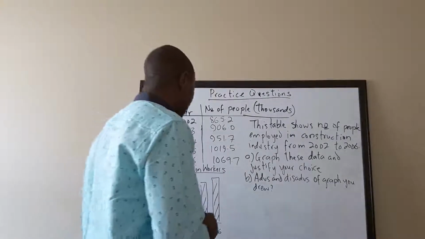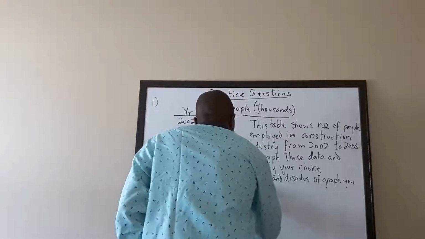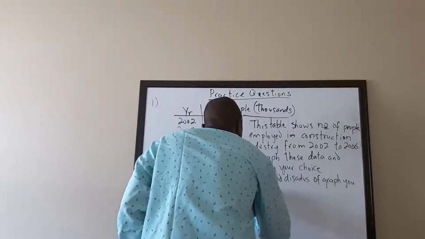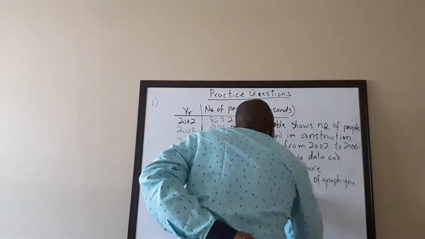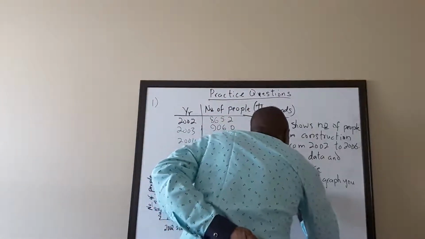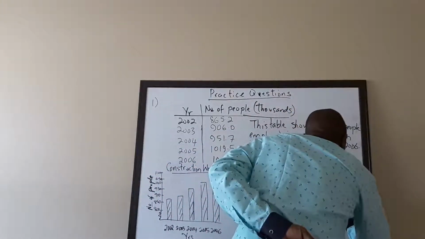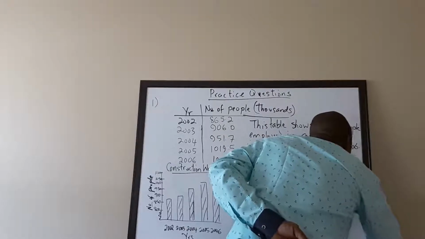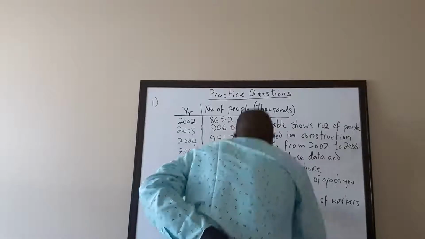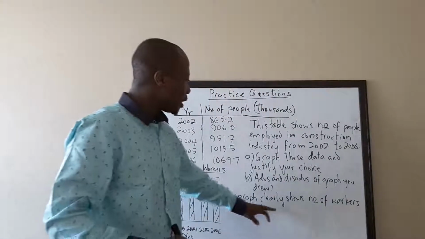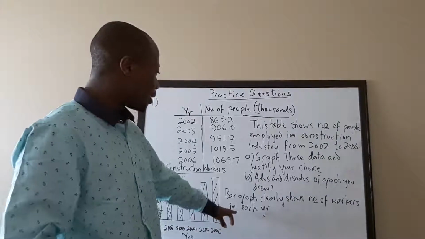Let me just write that down. So the bar graph clearly shows the number of workers in each year. So that's why it's good to use the bar graph.